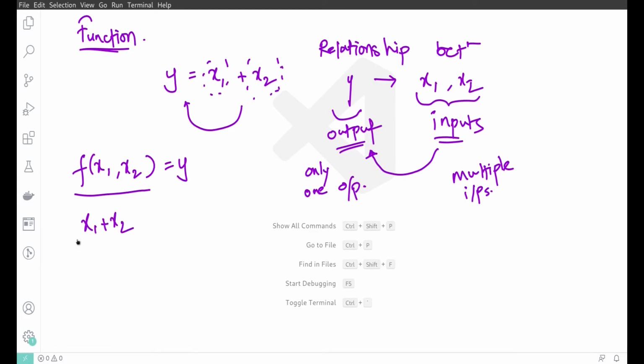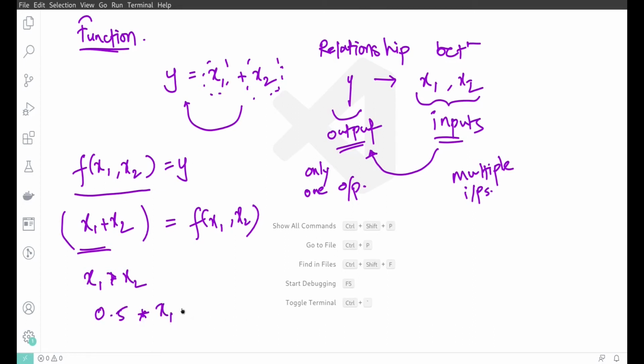In this case, this is the relation, that is f of x1 and x2, but it can be anything else also, for example x1 into x2, or let us say 0.5 into x1 plus 0.7 into x2 plus x1 square, something like this. This relationship can be anything, but it is based on the input values and it provides the output value y.